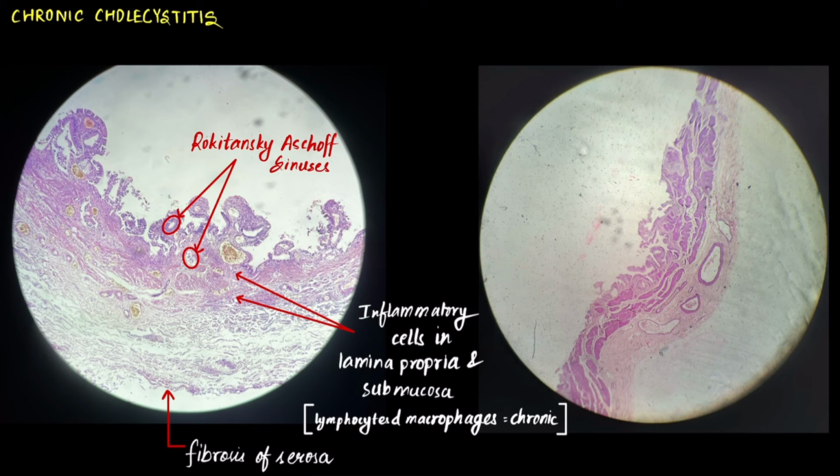But then the most distinct feature of all is Rokitansky-Aschoff sinus. What is Rokitansky-Aschoff sinus? See, there's innermost layer of epithelial mucosa, right? This epithelial mucosa shows outpouching, and then this pouch, it comes off. This pouch, which is present in the form of a sinus, is Rokitansky-Aschoff sinus.